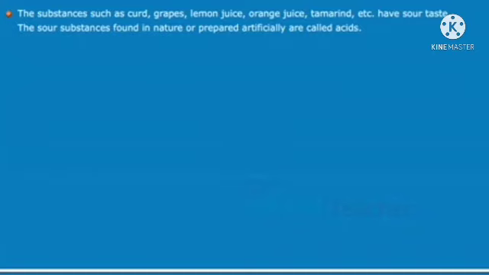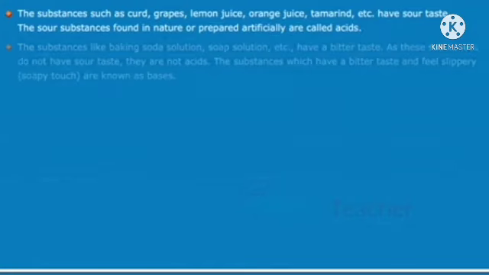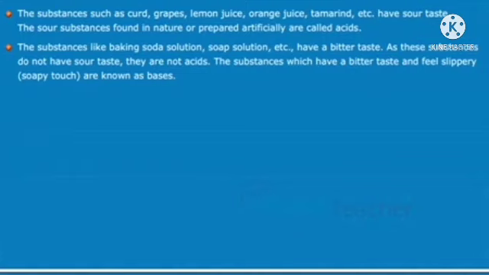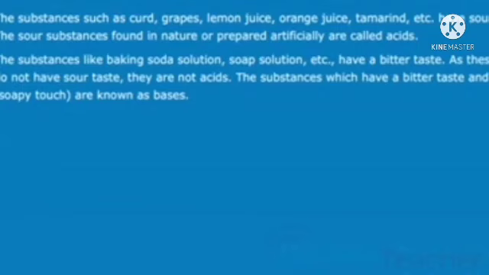Substances such as curd, grapes, lemon juice, orange juice, tamarind, etc. have a sour taste. The sour substances found in nature or prepared artificially are called acids. Substances like baking soda solution, soap solution, etc. have a bitter taste. As these solutions do not have a sour taste, they are not acids.